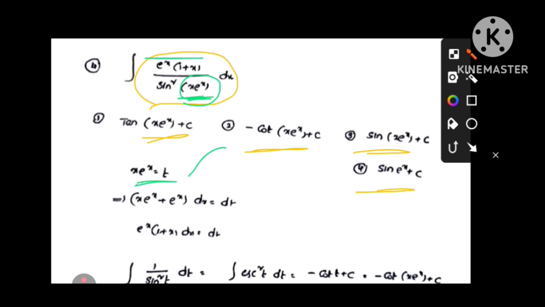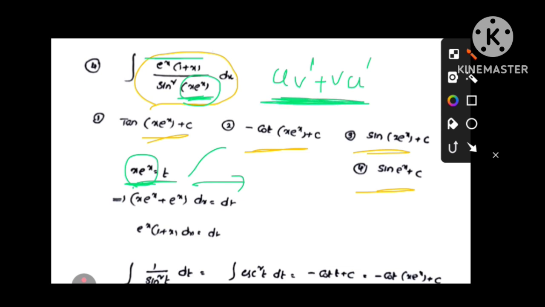What is the derivative of x e^x? This is the UV rule. Apply the UV rule here since it is the product of two x functions. What is the UV rule formula? u v' plus v u'. To find the derivative of the product of two x functions, you have to apply the UV rule.